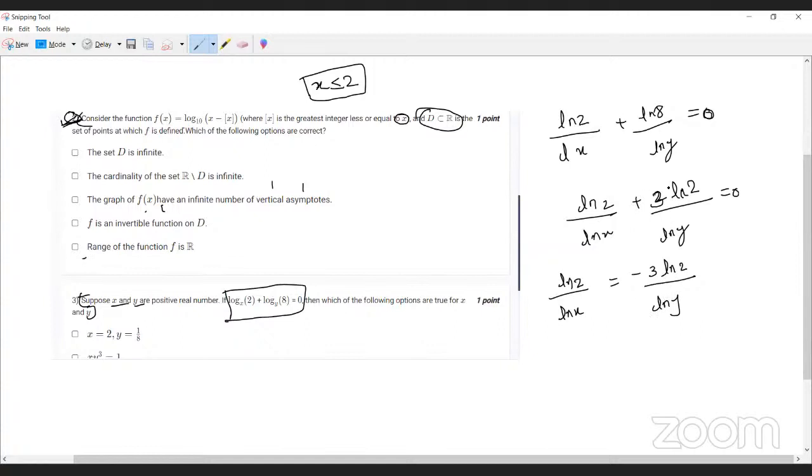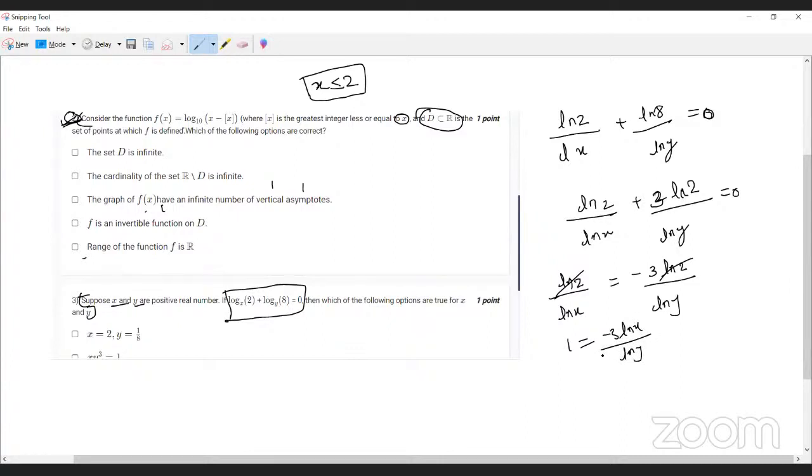I can take this on the right hand side, it will become minus, and then it will get cancelled. Then ln x plus 3 and y, so it will be 1 equals minus 3 of ln of x upon ln of y.